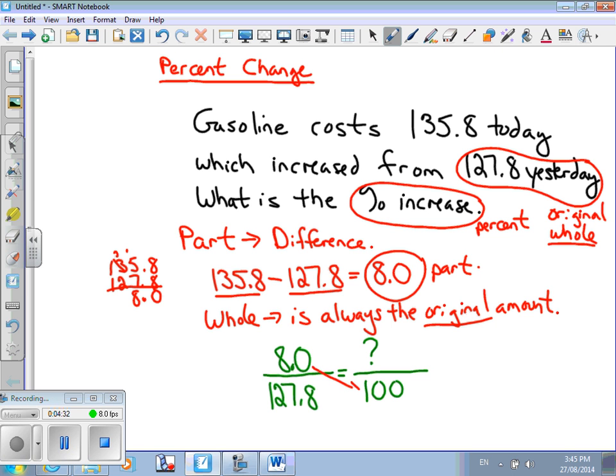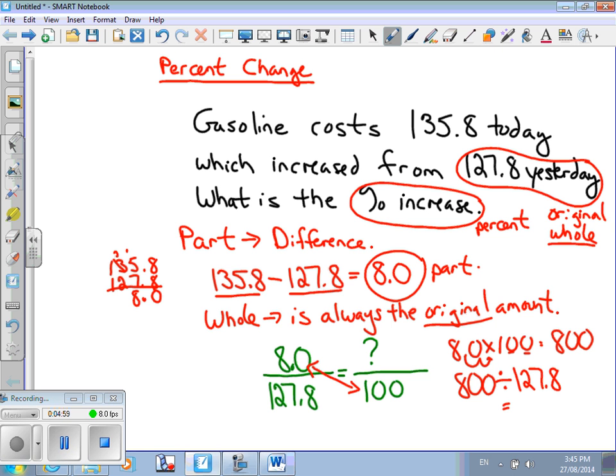Take your diagonals and multiply. 8.0 times 100, 2 zeros, so move it 2 spots to make the number 800. And then take the 800 and divide it by the 127.8.